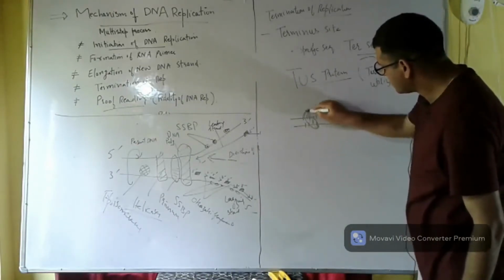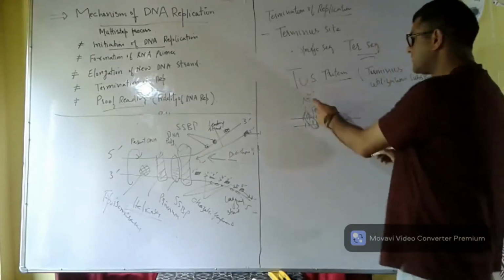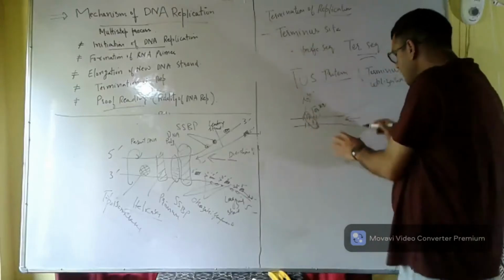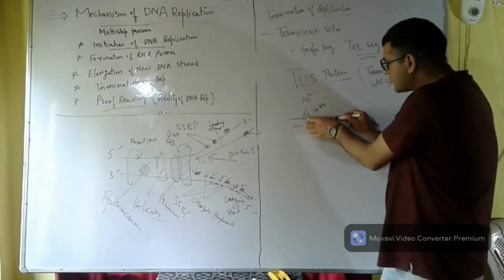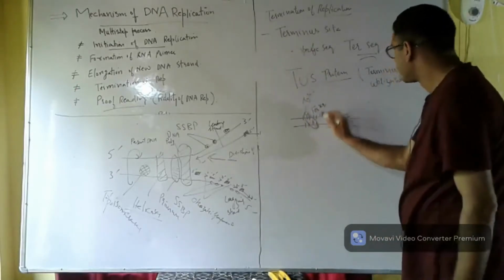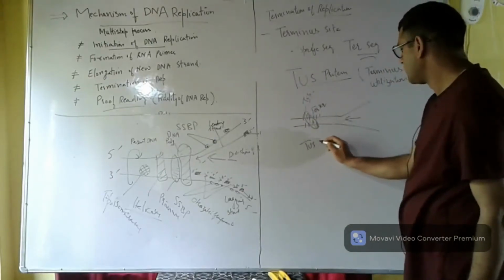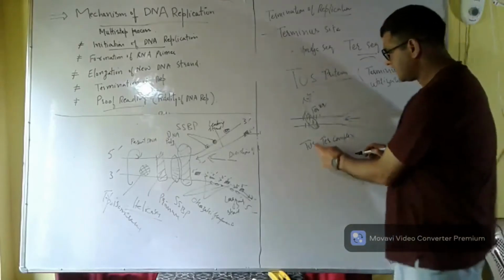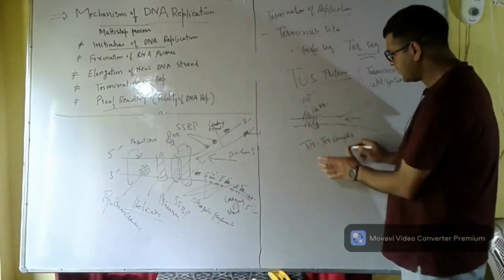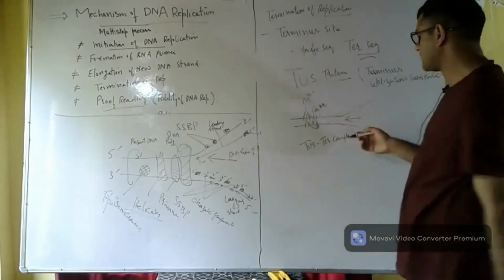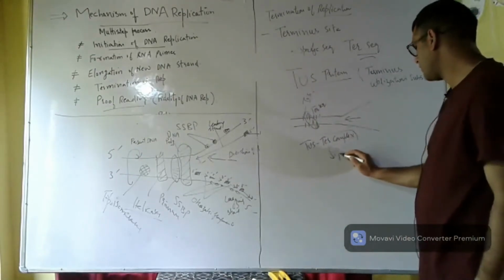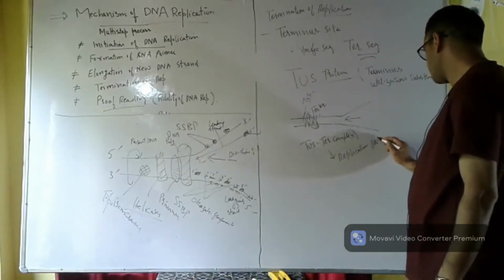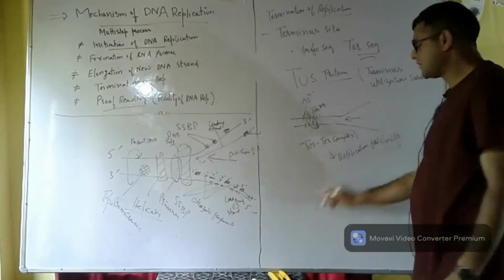This is the TUS protein, that is, terminus utilization substrate. This TUS protein binds to the TER sequence. When the replication fork encounters this TUS-TER complex, the replication fork halts. That means replication stops.